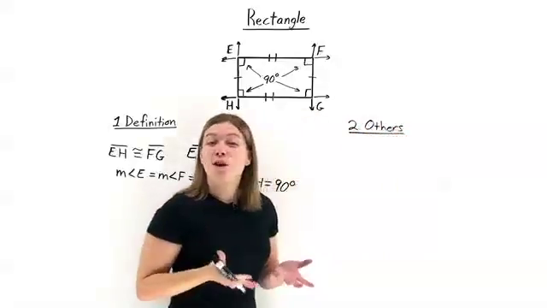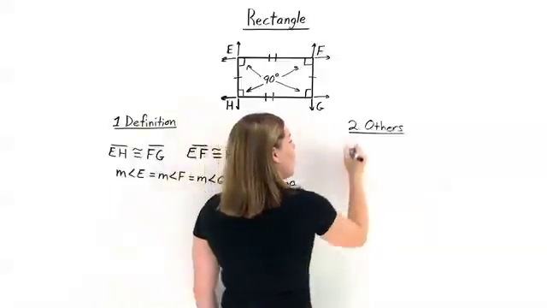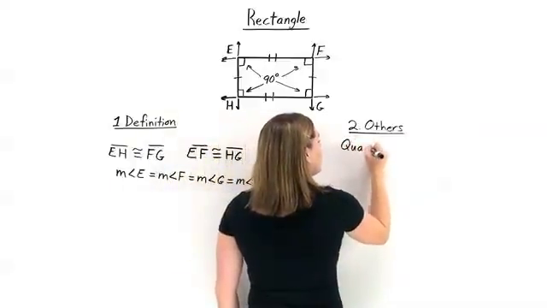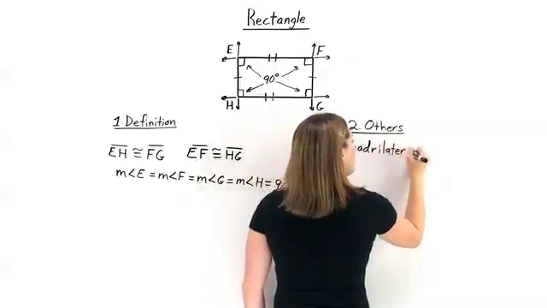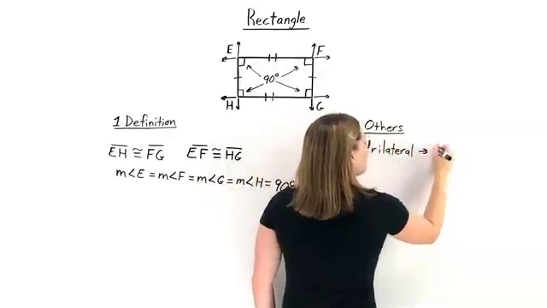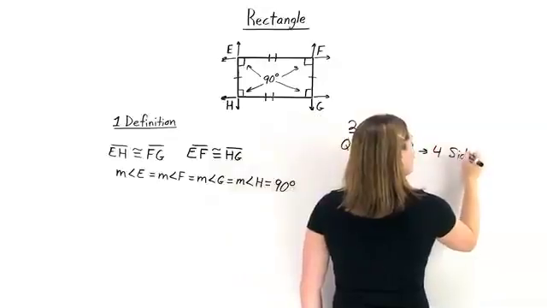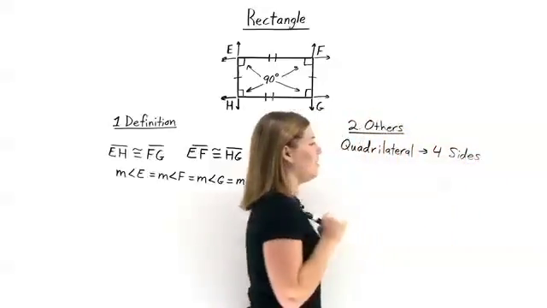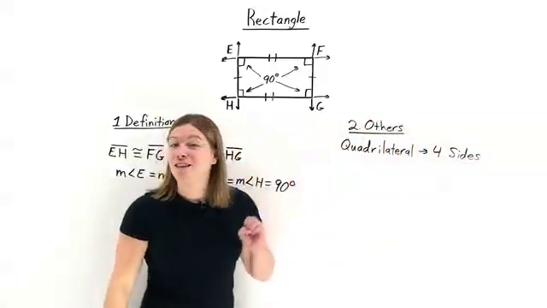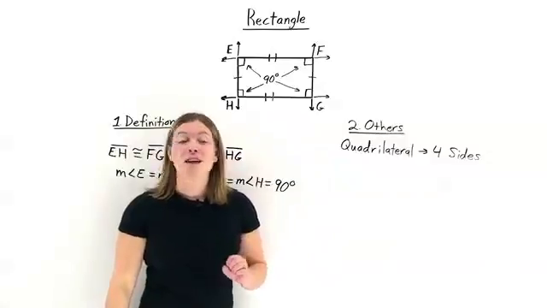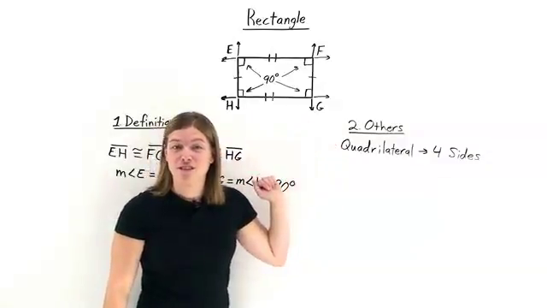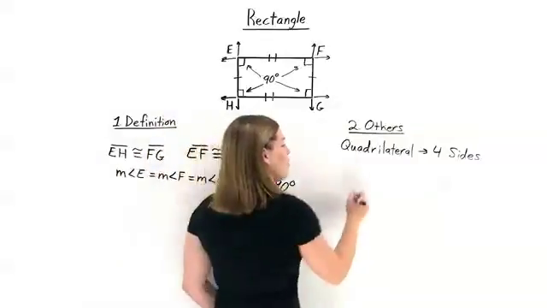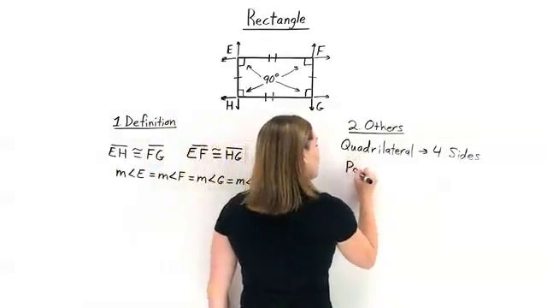Well, we just said that a rectangle is a type of quadrilateral. So, a rectangle can also be called a quadrilateral. Remember, a quadrilateral is just a closed 4-sided figure. And since all rectangles have 4 sides, that means that all rectangles can also be classified as quadrilaterals. Now here's another name that we can give to a rectangle.